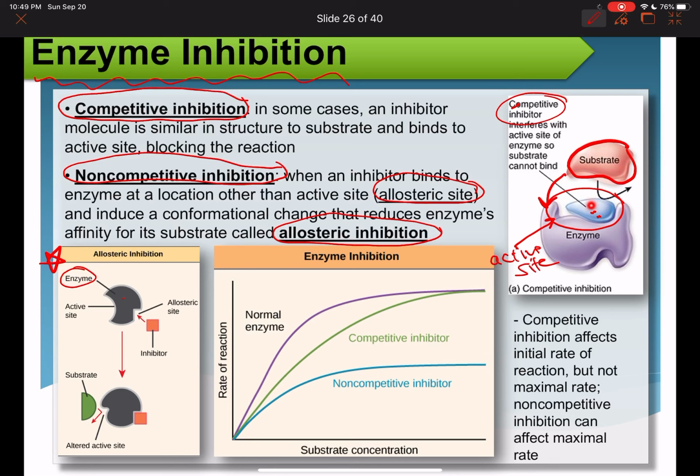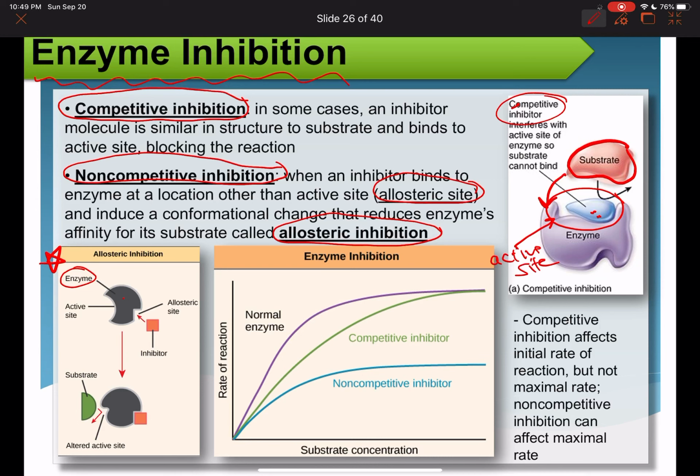So it will affect the initial rate of the enzyme reaction, but it will never change the maximal rate, because the normal substrate and the competitive inhibitor are both competing at the same active site, and the substrate still does have a chance of binding to the active site. That's why the maximum rate is still the same as normal enzyme.